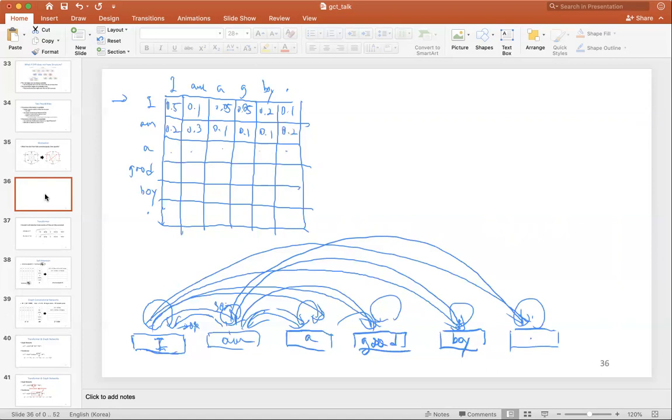So you can record the attention strength and then represent this as a map, right? So this will be your 6x6 matrix of attention map. Let's call this the attention map.